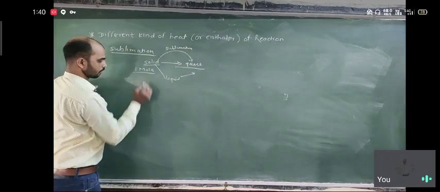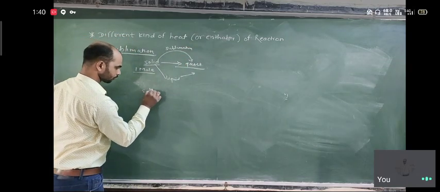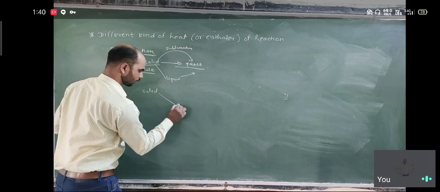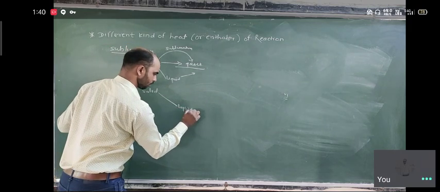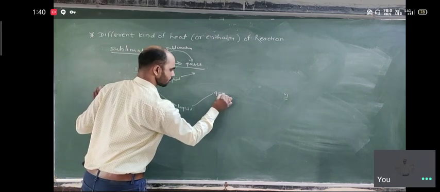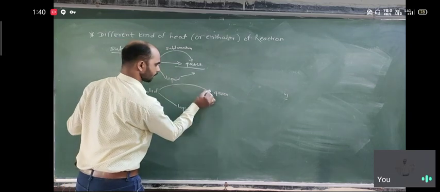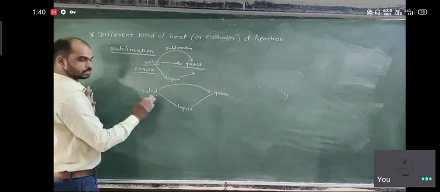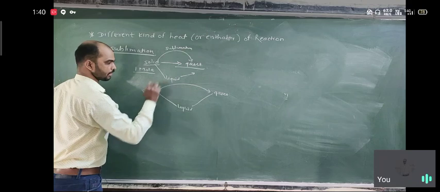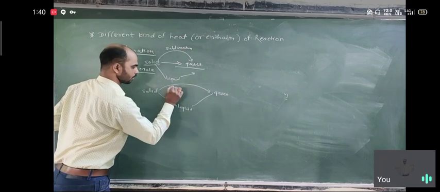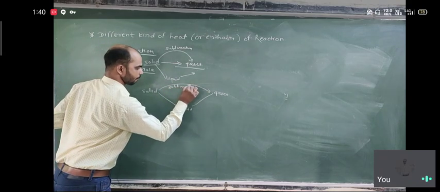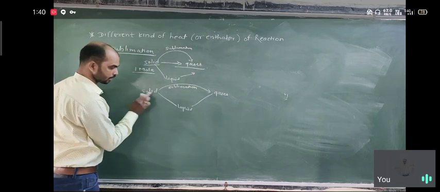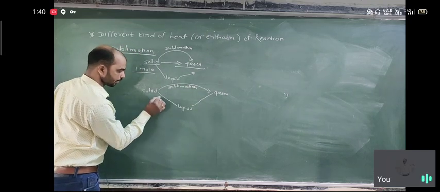So basically solid converts into liquid, converts into gaseous, and here the other path is direct. So this is the diagram, a representation. When solid directly converts into gaseous, we call it sublimation. When solid converts into liquid, we call it fusion.